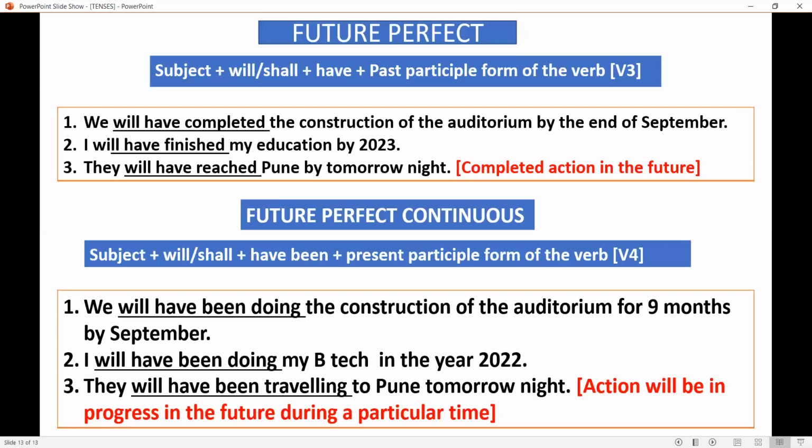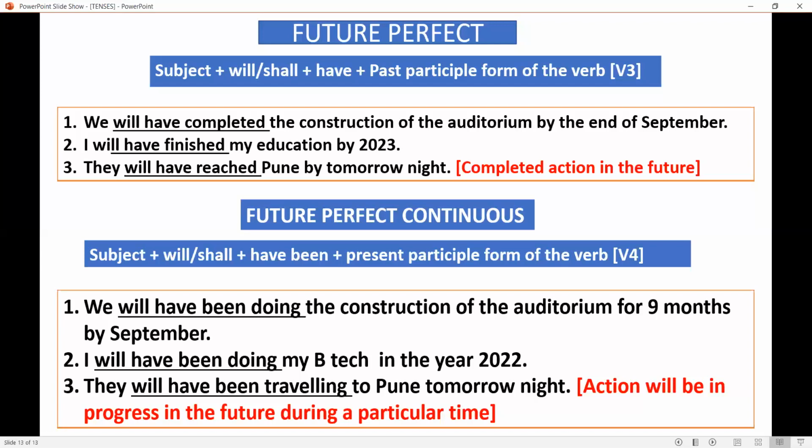Another one, second example, I will have been doing my BTech in the year 2022. So in 2022, this will be going on. Okay, you will have been doing your BTech. Example 3, they will have been traveling to Pune tomorrow night.